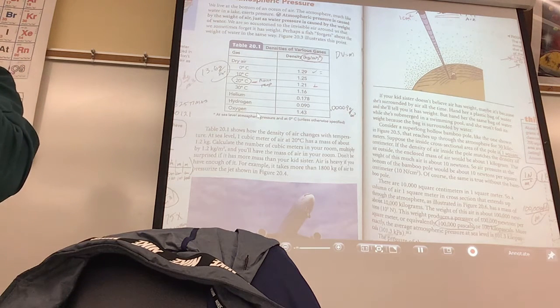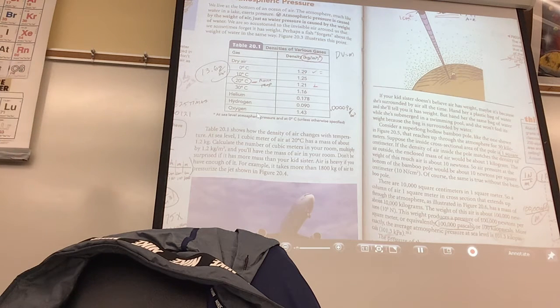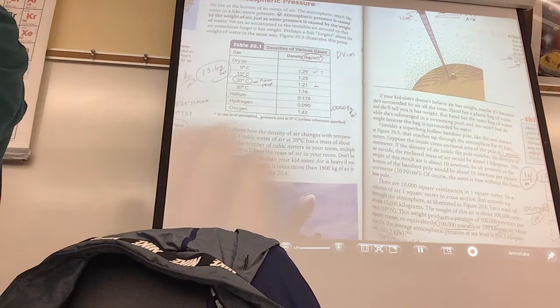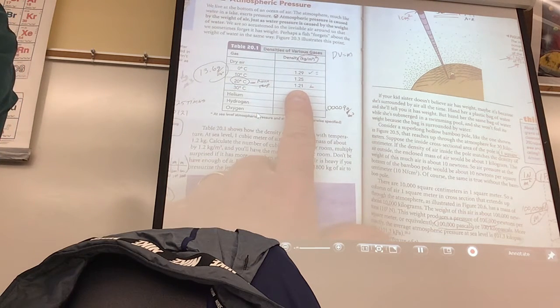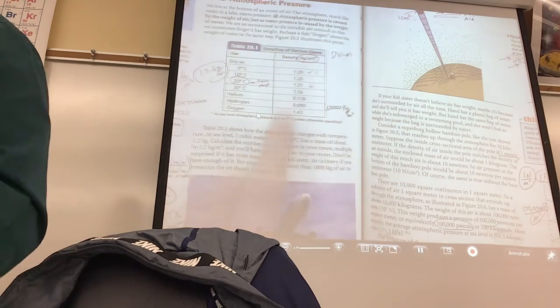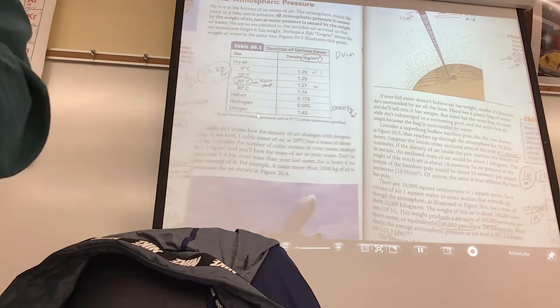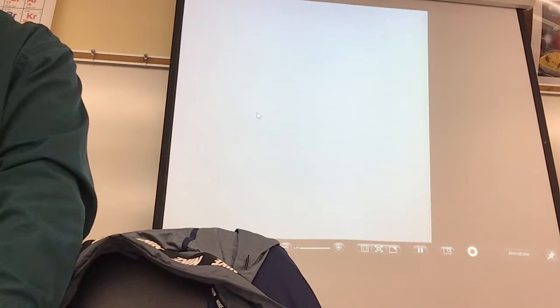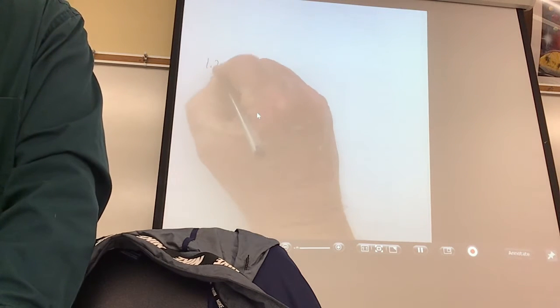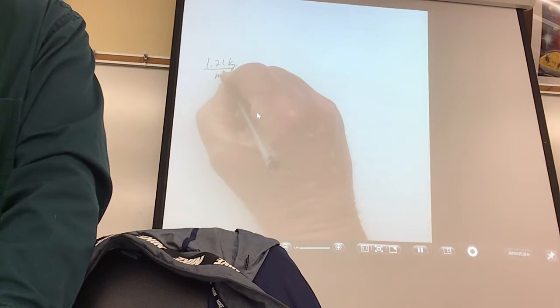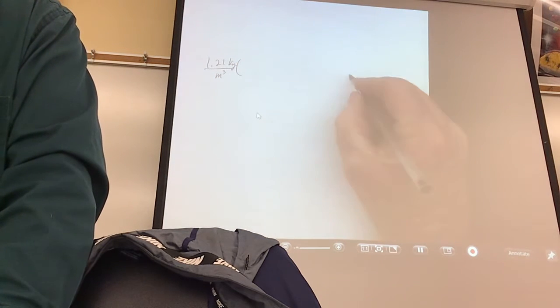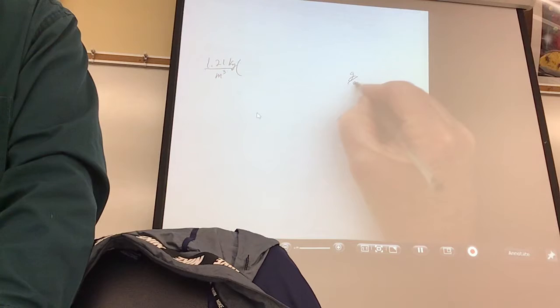So one of the questions I will ask you to do, because you guys are all very skilled in physics now, I will ask you to show me using factor label how to convert this into grams per cubic centimeter. Let's try it. All right, what I want you to do is somewhere in your paper, you have 1.21 kilograms per cubic meter, and I want you to convert it into grams per cubic centimeter.